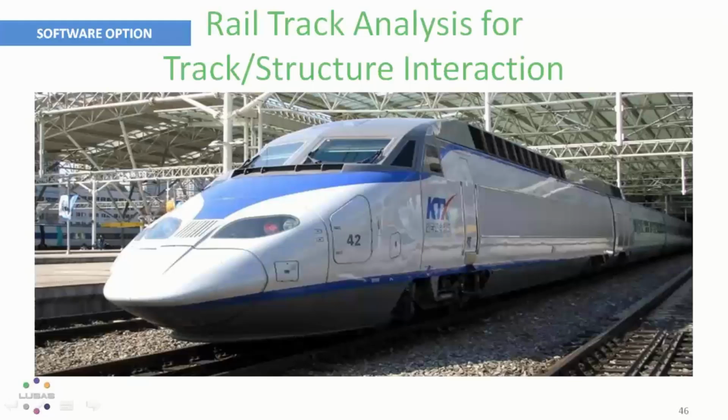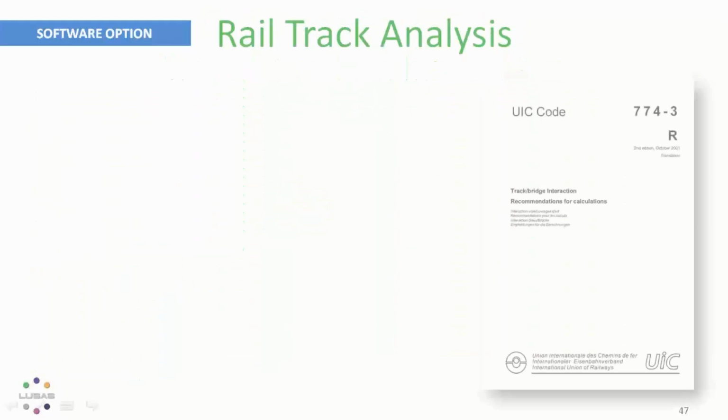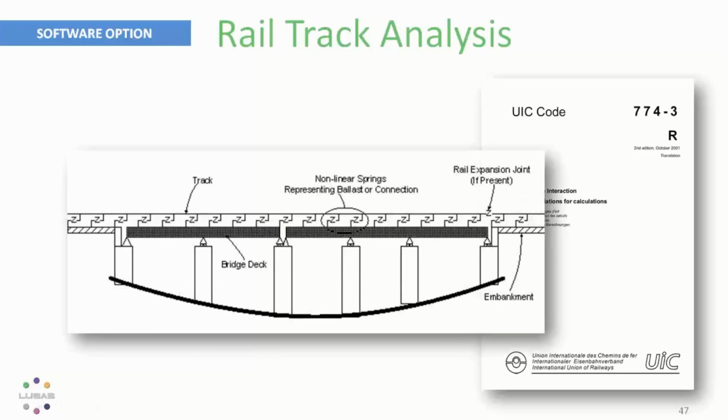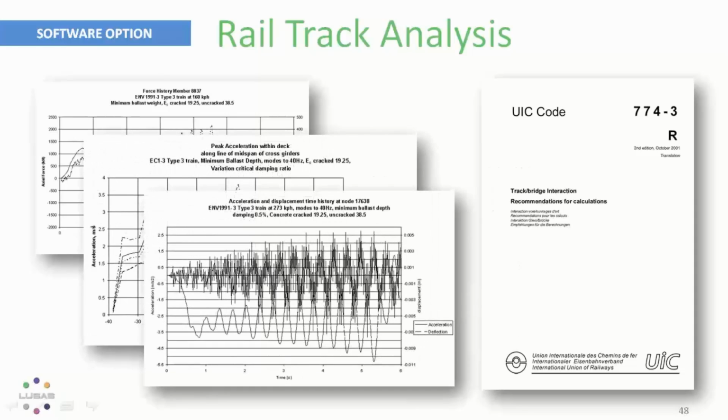Our rail track analysis facilities enable a fast assessment of track structure interaction according to the Eurocode and UIC 774-3, with wizards to automatically create models that have all the necessary nonlinear functionality, and wizards to obtain all the forces, displacements, and accelerations rapidly and conveniently.